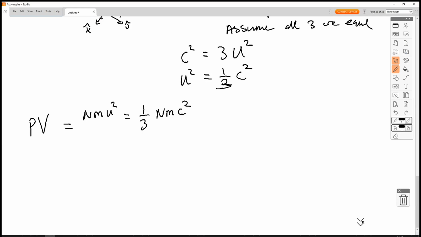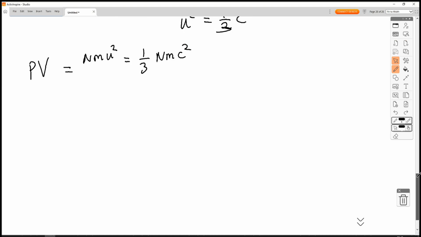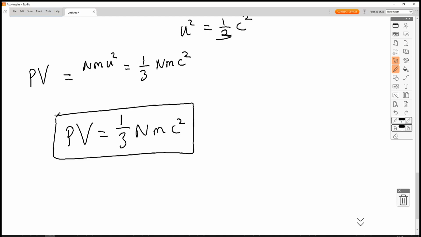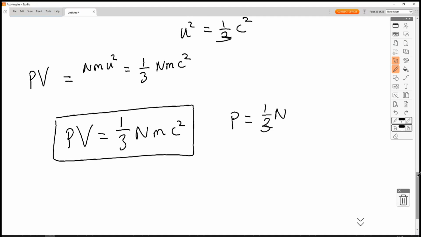Now, if we also want, we can divide the V across. So we keep one formula here, PV equals 1/3 nmc squared. And if we divide the volume across to the other side, then you've got 1/3 nmc squared over V, but mass over volume is density. So we also get that pressure equals 1/3 rho c squared, where rho is the density of the gas.